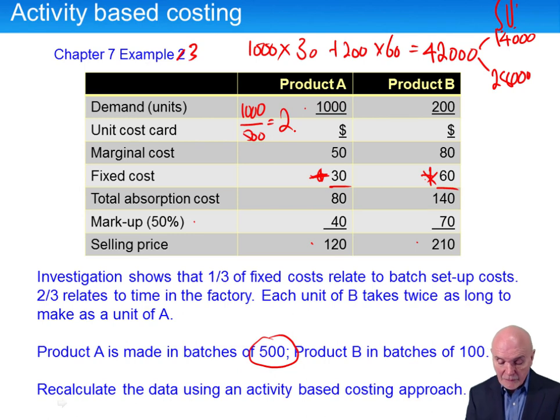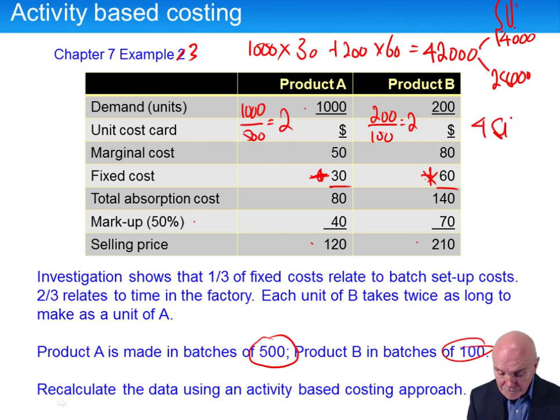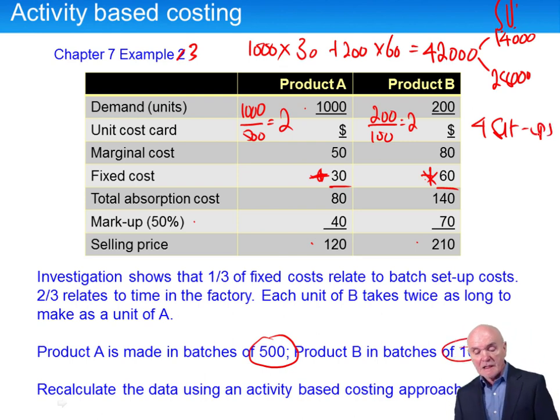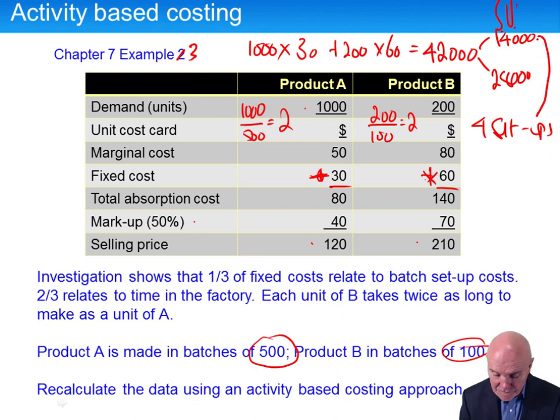B, we end up with 200 of those produced, and they're produced in batches of 100, so there's going to be 2 of those as well. So all told, there are 4 setups. 4 times where we have to stop the production line, rejig it, and set it up. And these are causing the setup costs of 14,000.